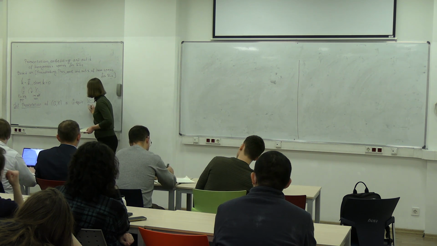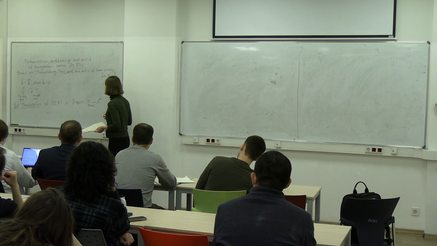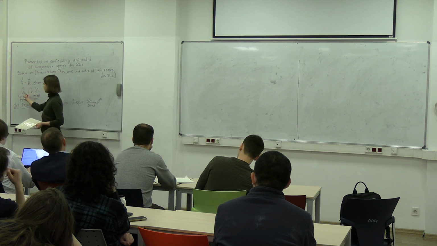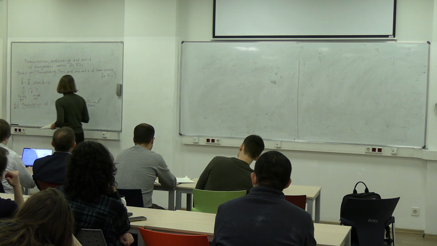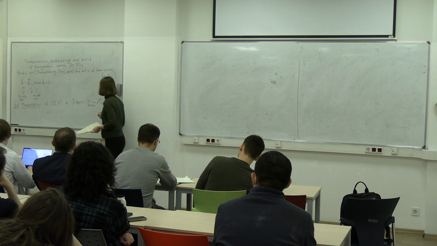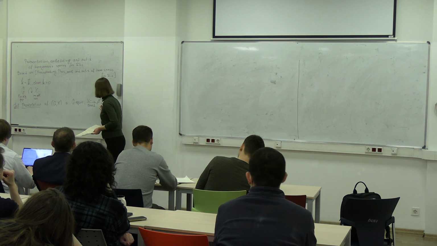This is a closed embedding, and we have some G action on X, and here we require the G action on A^n to be linear.